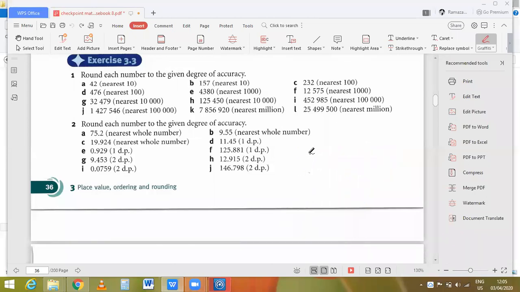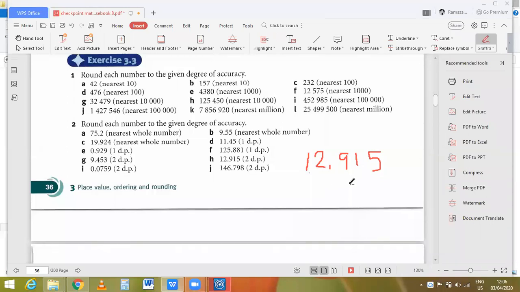Now we have 12.915. It's asking for the second decimal place.